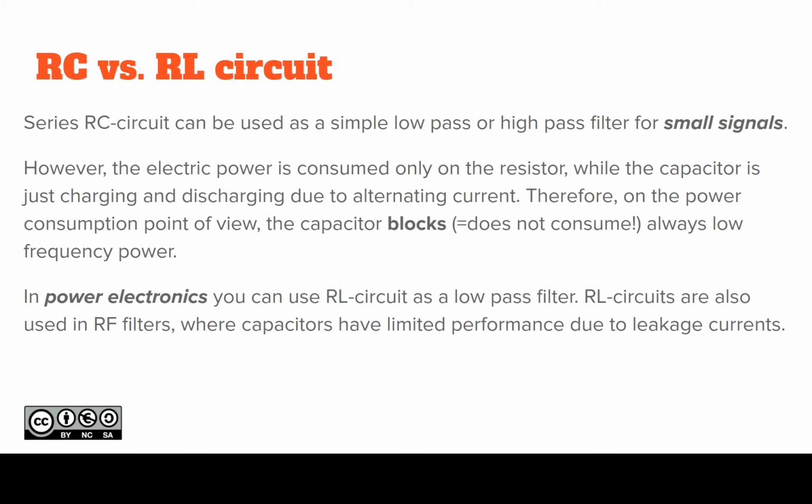Basically, the current and voltage have that 90-degree phase shift. It also means that when you multiply current and voltage, if one is sine, the other one is cosine. When you integrate it over time for average power, it ends up 0. So only the resistor is consuming electric power.